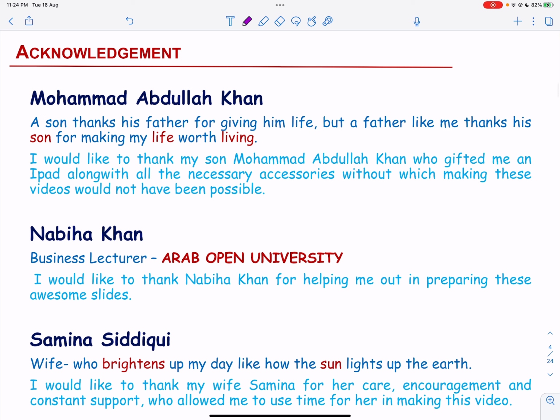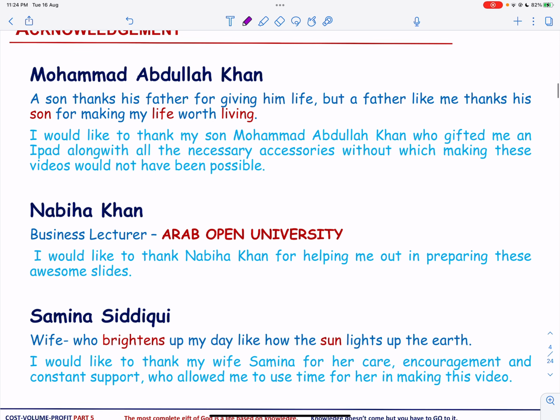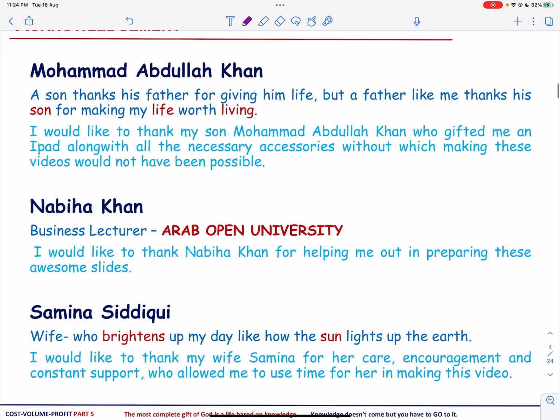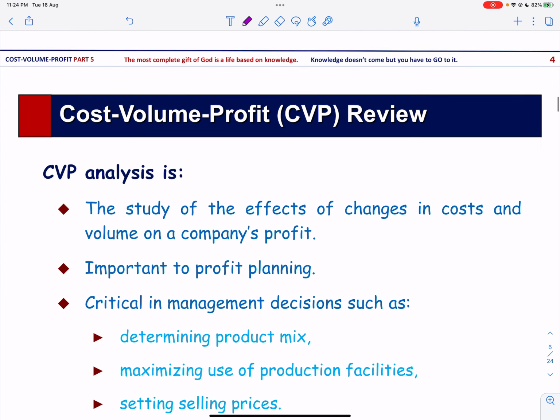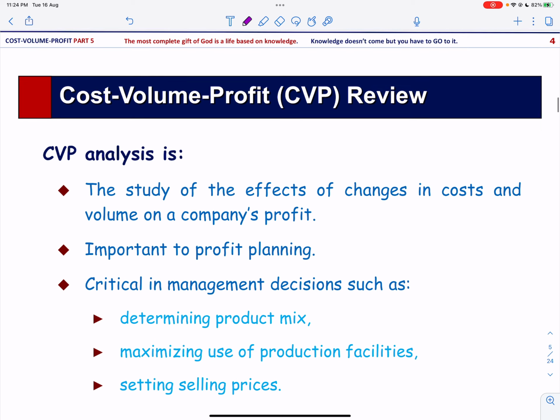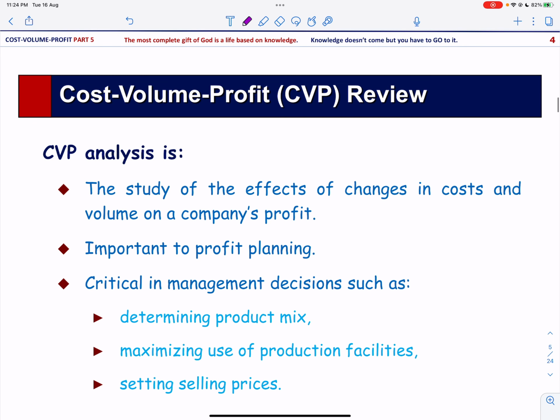Let us start with the essential features of a cost, volume, profit income statement. Cost, volume, profit analysis looks at the impact that varying levels of cost and volume have on operating profit.